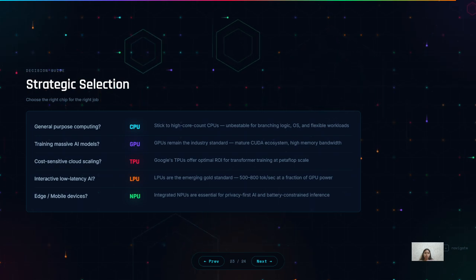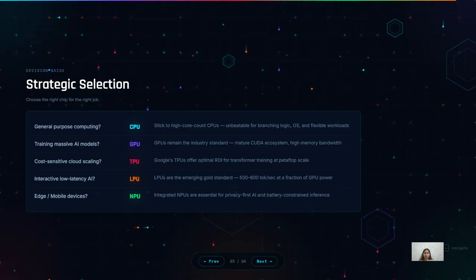Google's TPUs offer optimal ROI for transformer training at petaflop scale. LPUs are the emerging gold standard, at 500 to 800 tokens per second at a fraction of GPU power. Integrated NPUs are essential for privacy-first AI and battery-constrained inference.